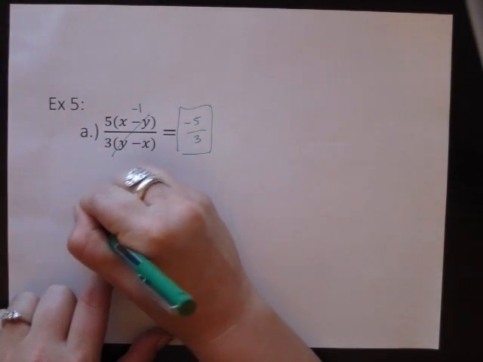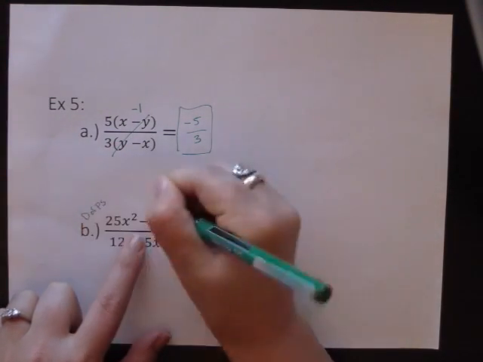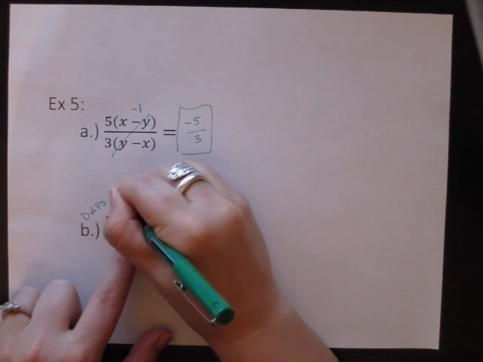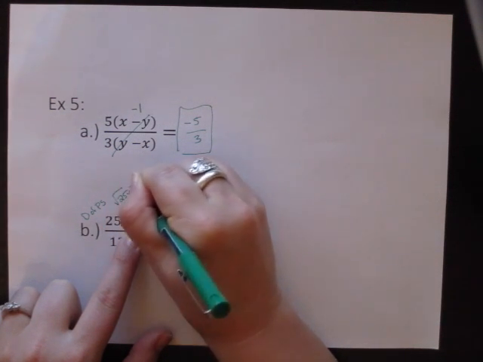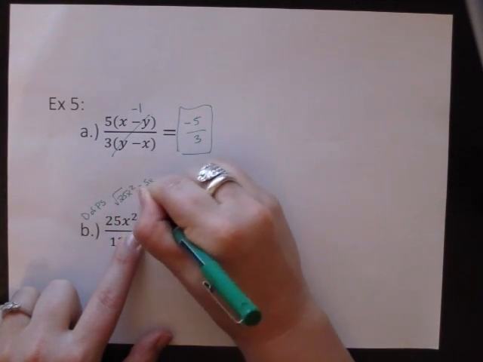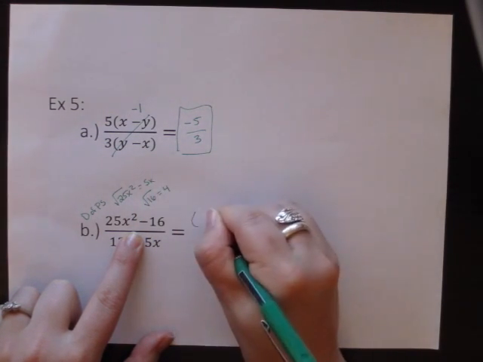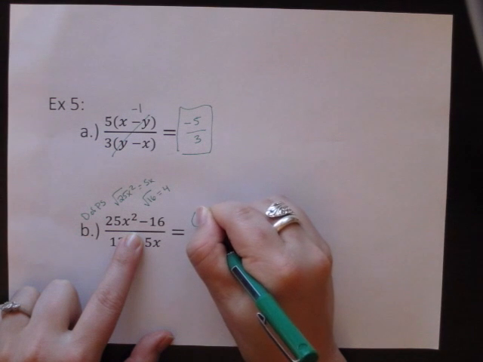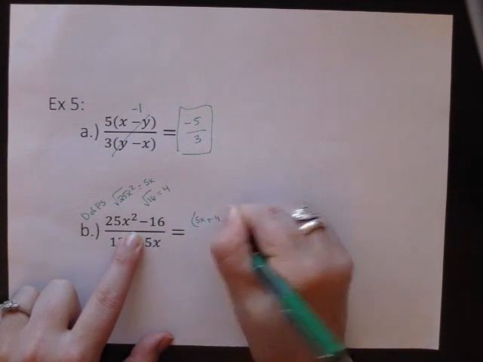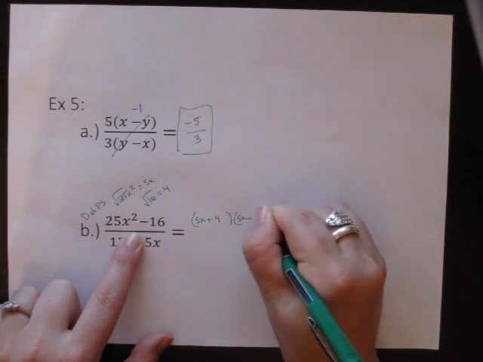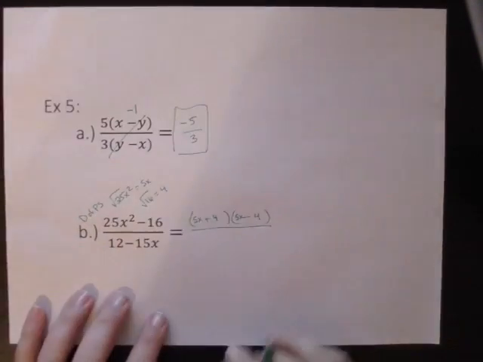So this is going to be a difference of perfect squares, and we have subtraction. I take the square root of 25x squared, which is 5x, take the square root of 16, which is 4, put my parentheses, go plus minus, so I've got 5x plus 4, 5x minus 4.